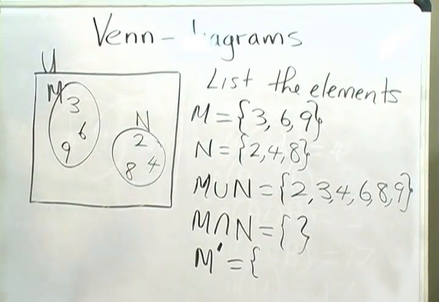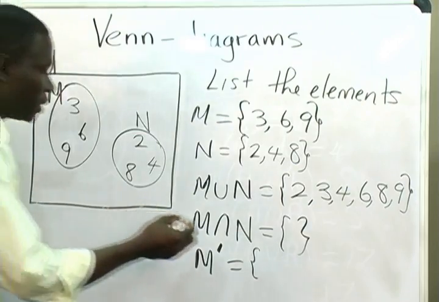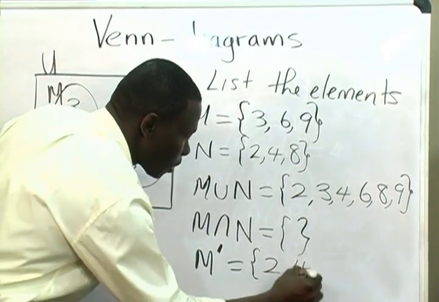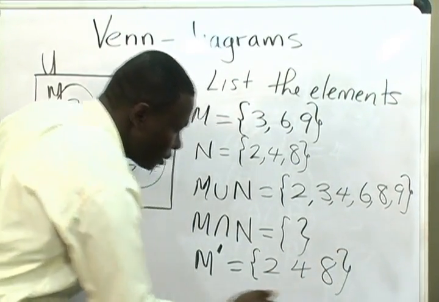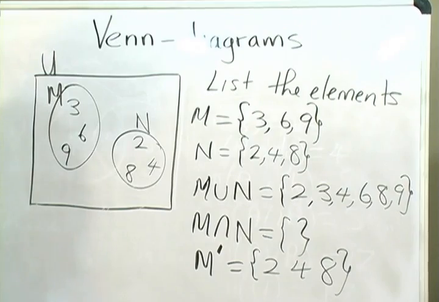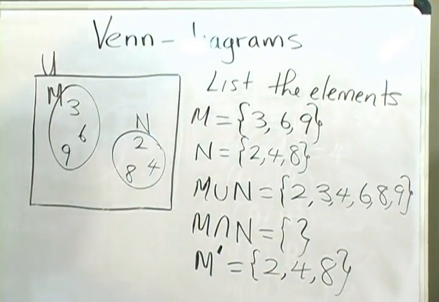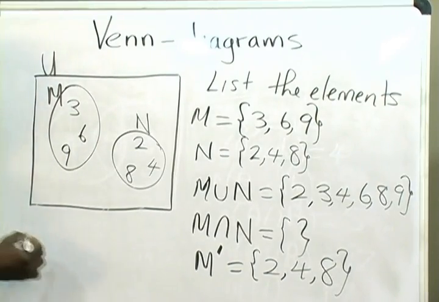So what is the complement of M? 2, 4, 8. Now what is wrong with me listing this here? No commas. Yes, no commas, so I have to put in my commas there. 2, 4, 8. What about N complement now?